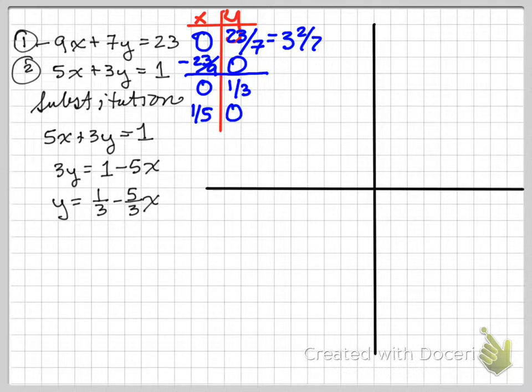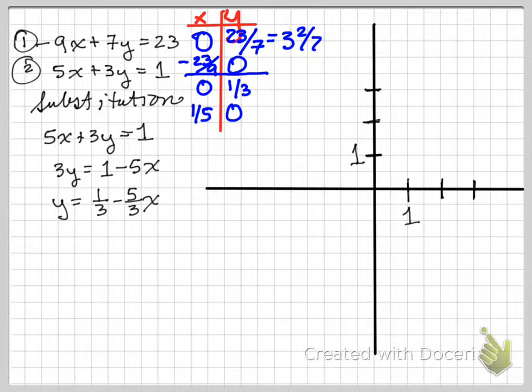Let's take number 1 first. Let me take a look. I think I'll make my scale something like 1, 2, 3, like that. That might be a convenient way to do it. 1, 2, 3. Okay?